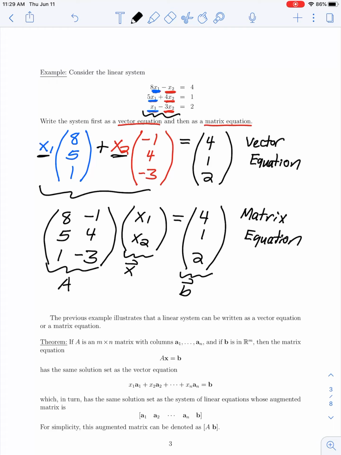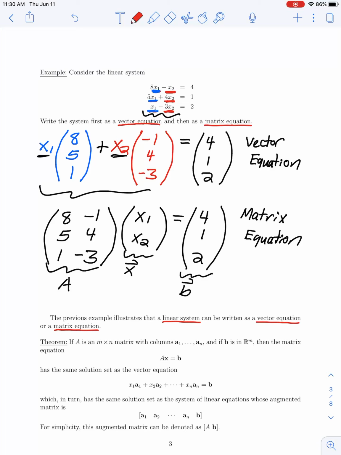So we've already been writing systems in terms of augmented matrices, where the augmented matrix is formed by combining the matrix A with the column vector B. As this example illustrates, we can write linear systems as either vector equations or as matrix equations.